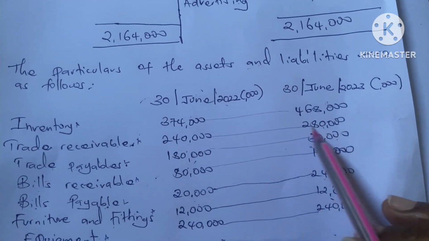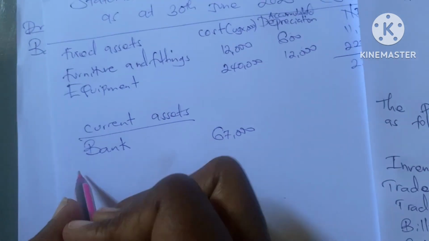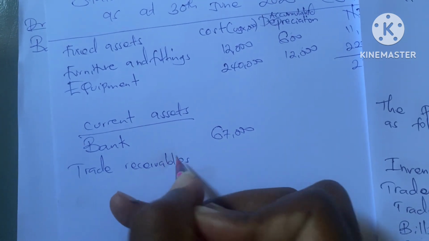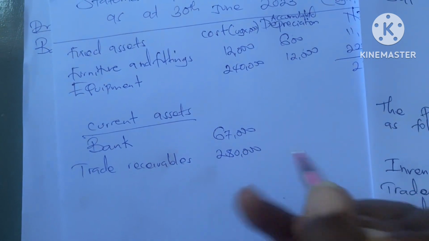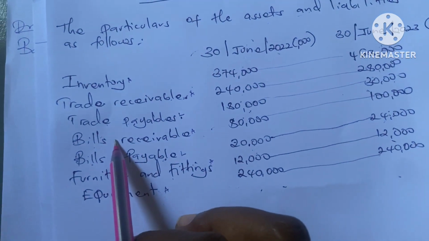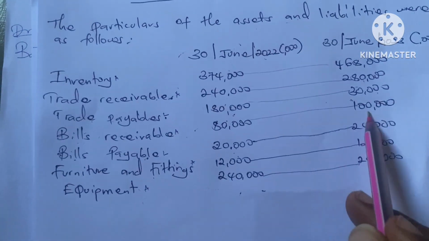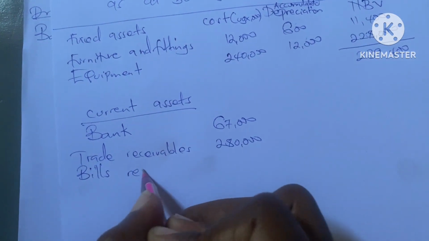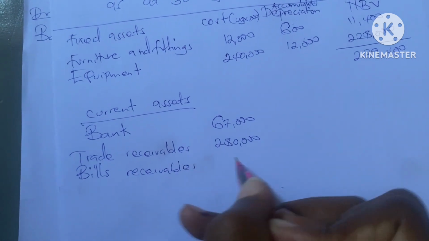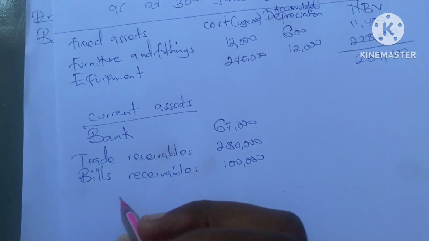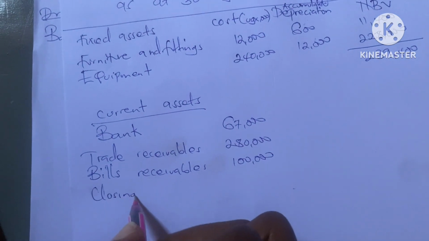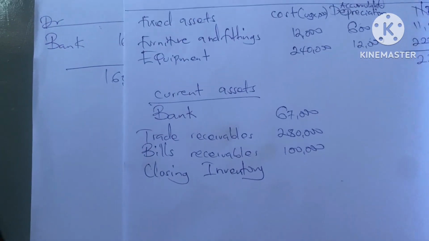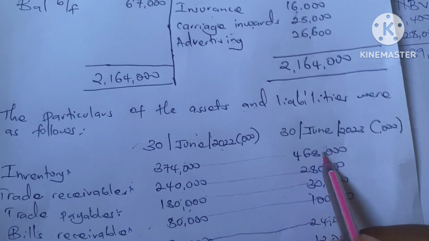So this trade receivables is 280,000. Then we have bills receivables. We record the closing balance, which is 100,000. We also have closing inventory. So closing inventory, it is here, 468,000.